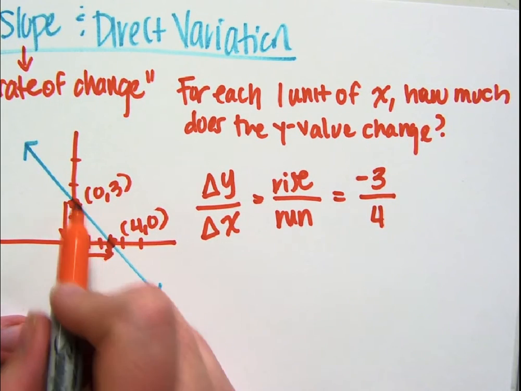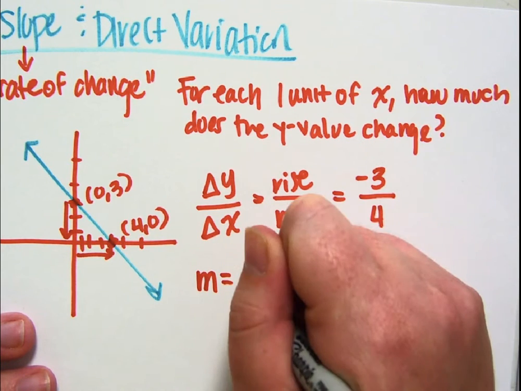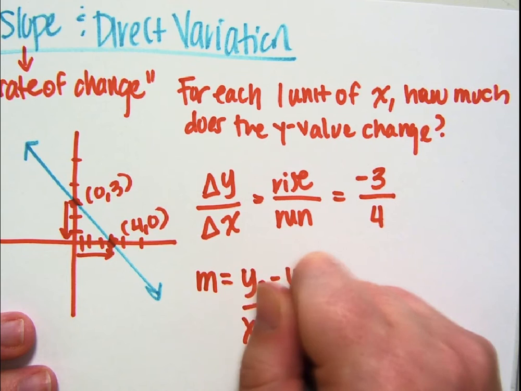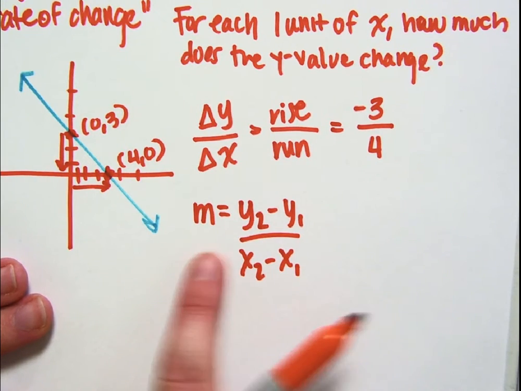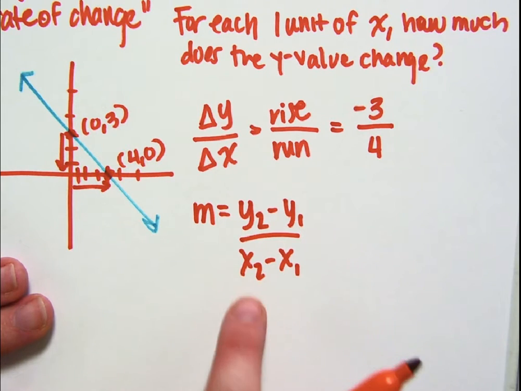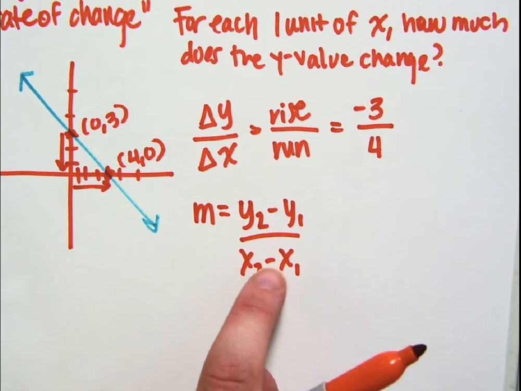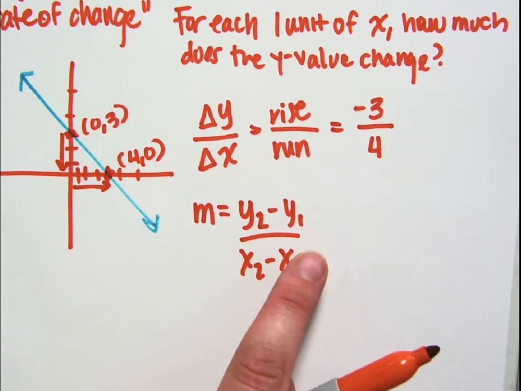We could have used these ordered pairs in our slope formula. You're probably familiar with this, or hopefully you are. Slope can be calculated by the difference in the y values divided by the difference in the x values. We just saw in the last chapter when we were looking at absolute value that subtraction will calculate a distance.